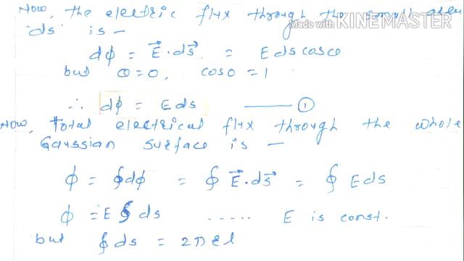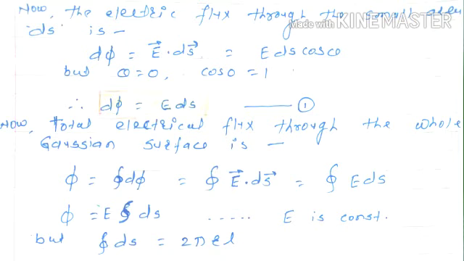Now for the total electric flux through the whole Gaussian surface, you know that if we want to find the larger value from the smaller one, then we take the integration.